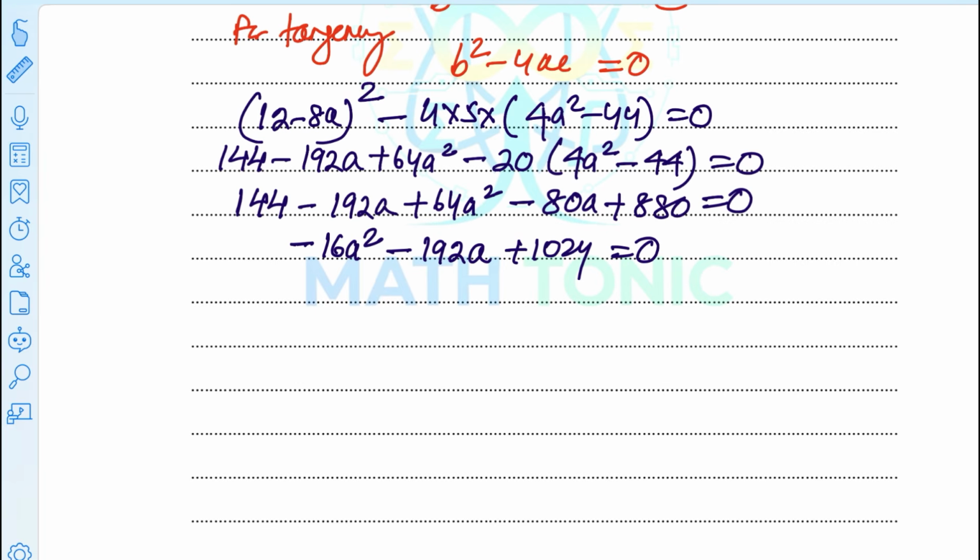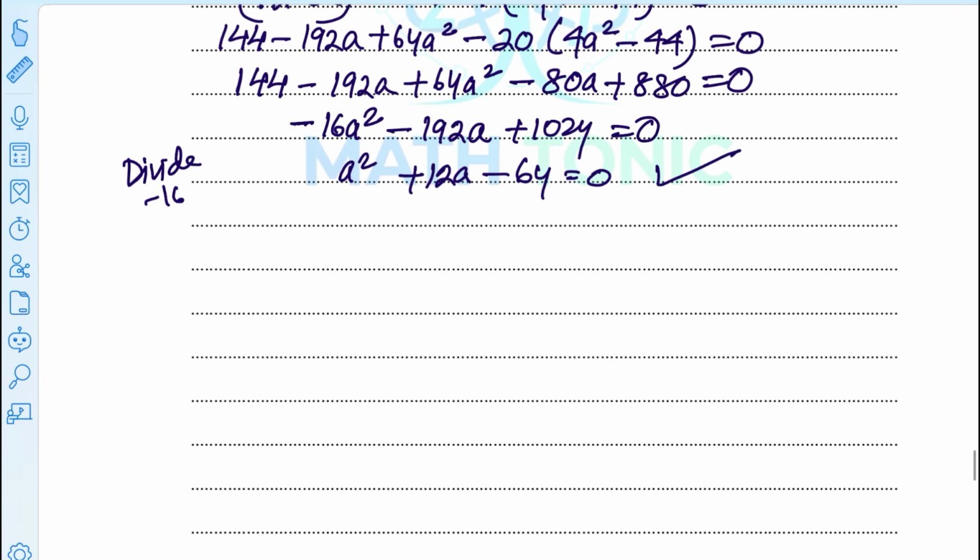Okay, so if I divide by minus 16, it will be a squared plus 12a minus 64 equals 0. So this is a quadratic equation, so we can find the value of a, or you can factorize also. By seeing this we can say (a minus 4) times (a plus 16) equals 0. So a equals 4 here, and a equals minus 16 here, right?